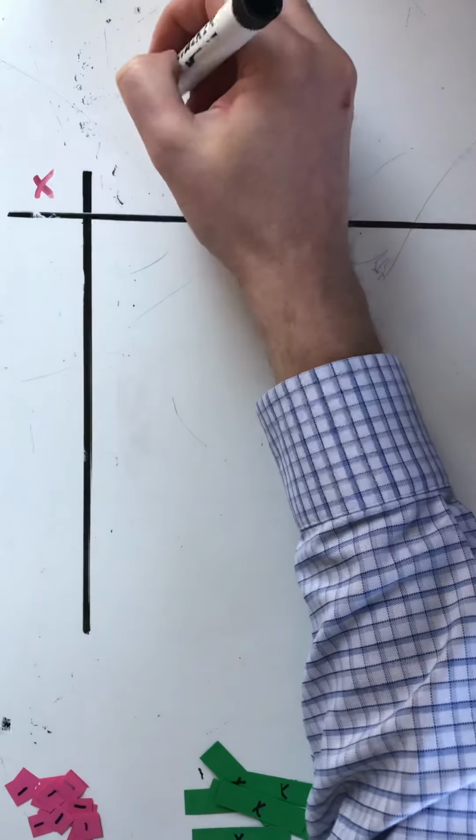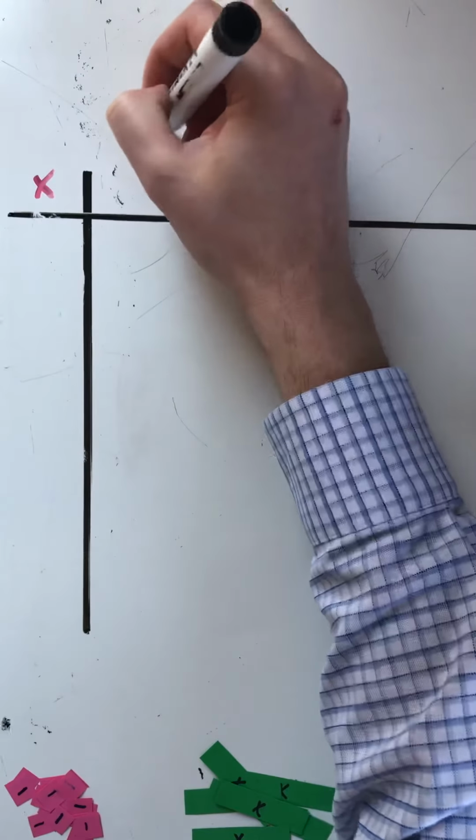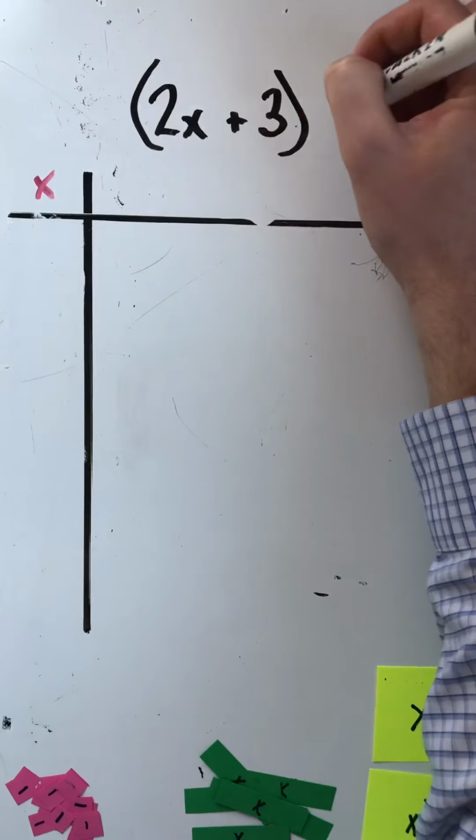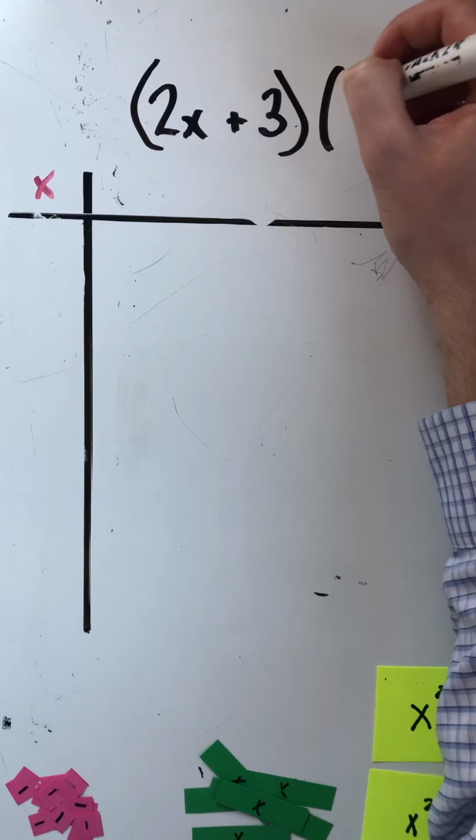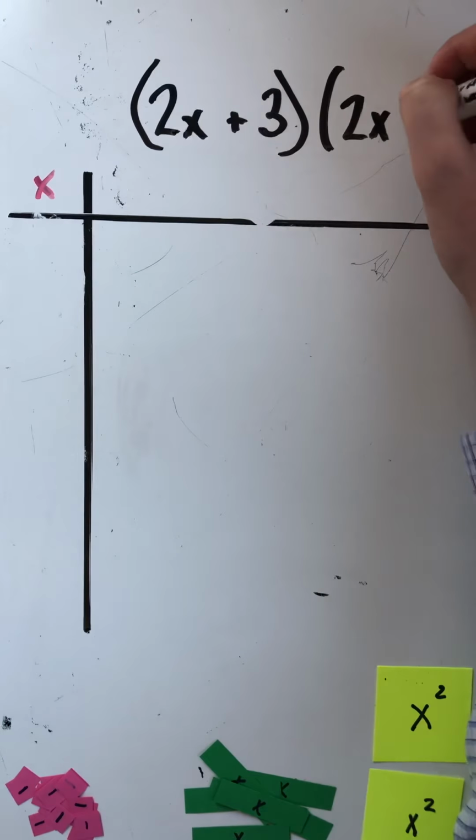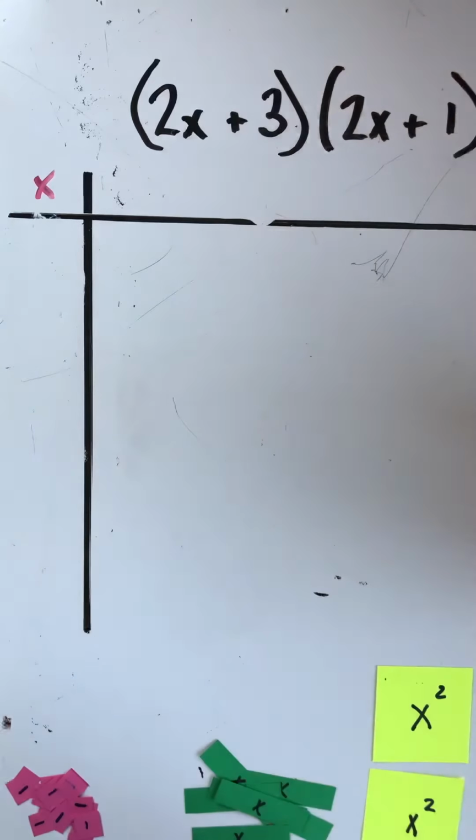Let's try 2x plus 3 times 2x plus 1. I'm ready to begin setting up my factors.